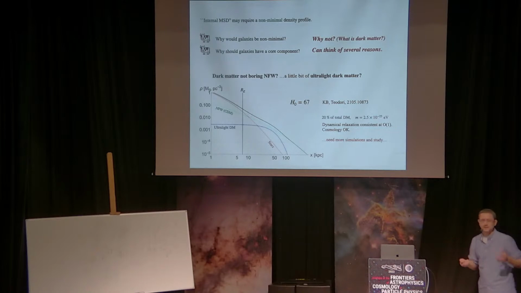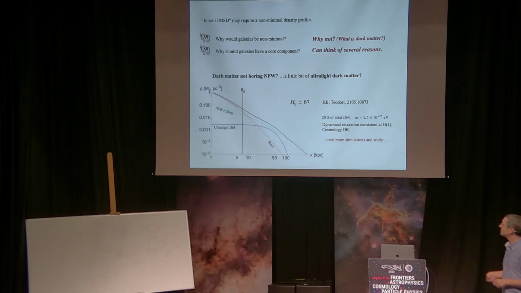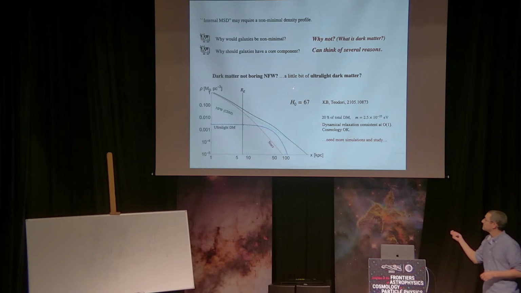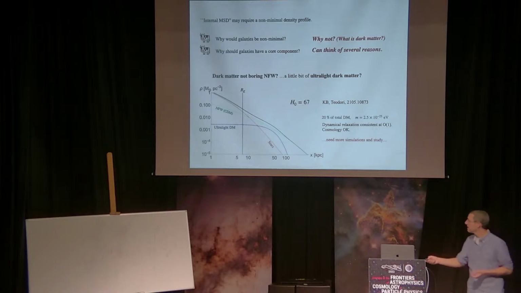You can easily get naturally from vacuum misalignment 10 or 20% of dark matter being this dark matter. And then we expect that it will core around galaxies on very large scales because the mass is very small. And we think it could produce this kind of core components. This is just one example, which basically says perhaps lensing has found stringy axions. Okay, perhaps that's what we've found. It could be very crazy.